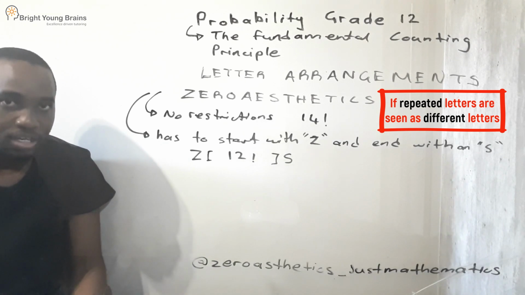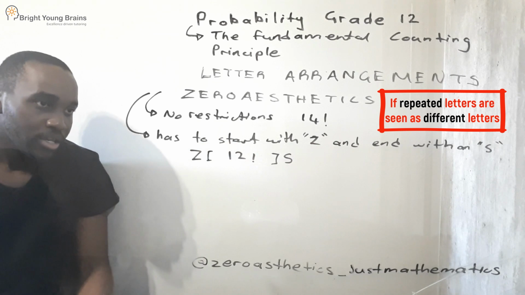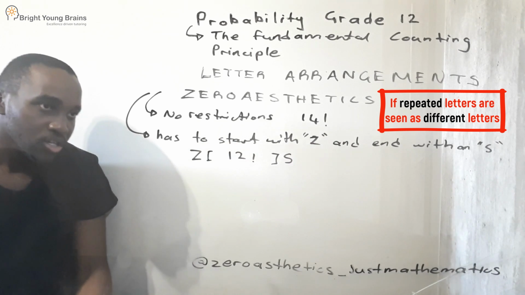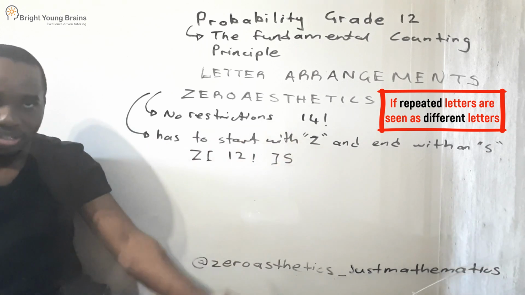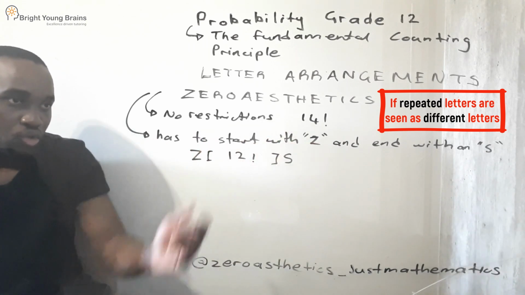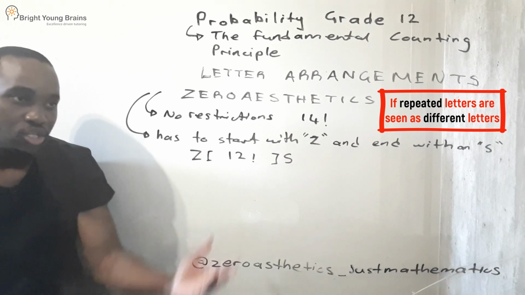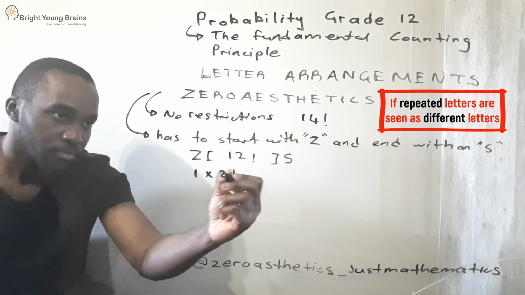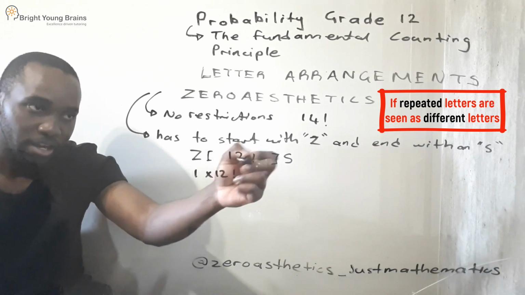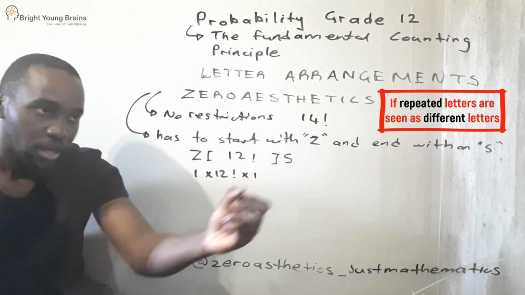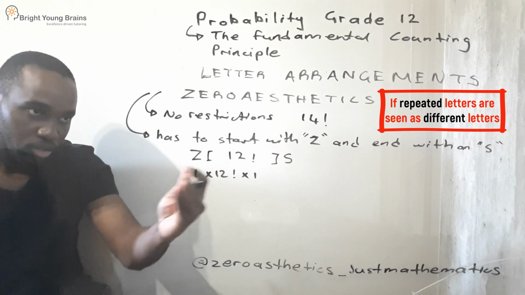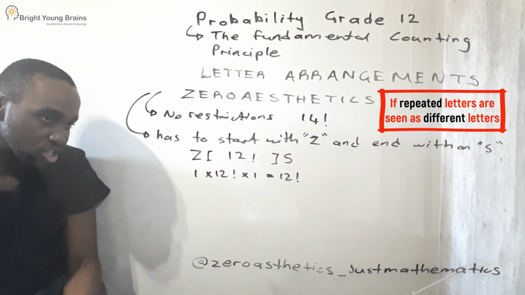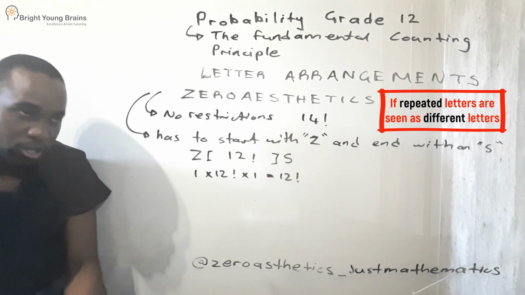Those 12 letters can be arranged in 12 factorial ways. So for a scenario where you have to start with Z and end with S, you can arrange your letters in 12 factorial ways, because the ends are fixed. In the middle, these can be arranged in 12 factorial ways, and at the end there's only one option. So here, the number of ways would just be 12 factorial.